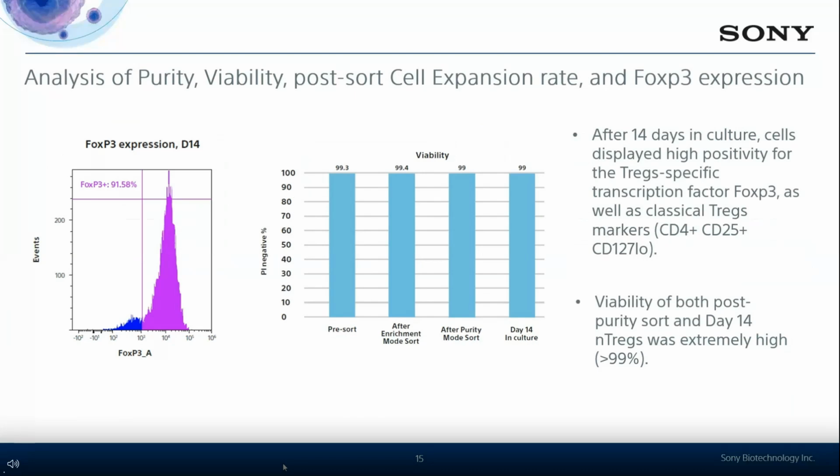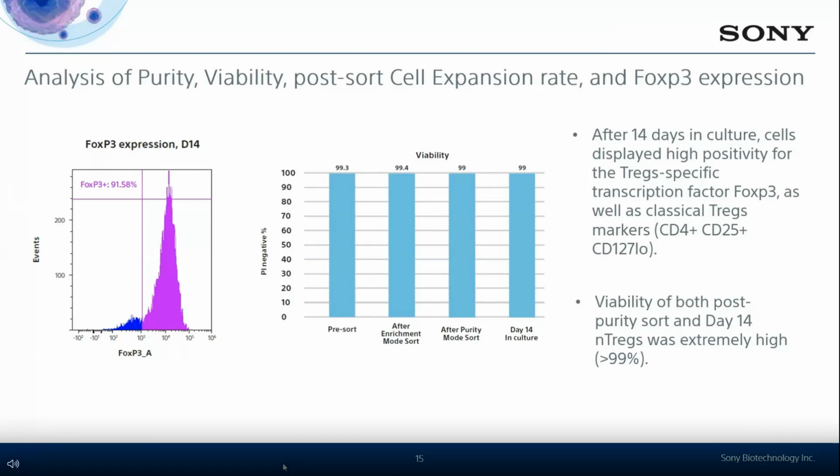In addition to looking at purity and expansion, we looked at FOXP3 expression and 14-day viability of the naive Treg cells. In the histogram on the left, we see that over 90% of the sorted, highly purified Tregs were highly expressive of FOXP3.